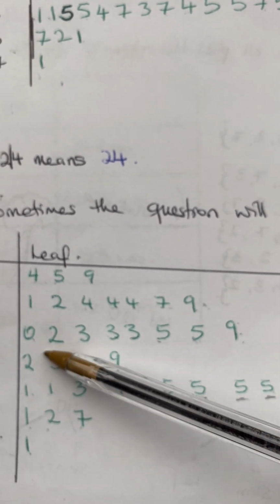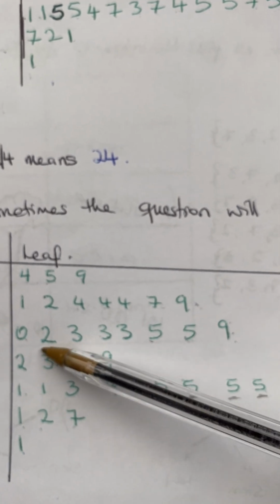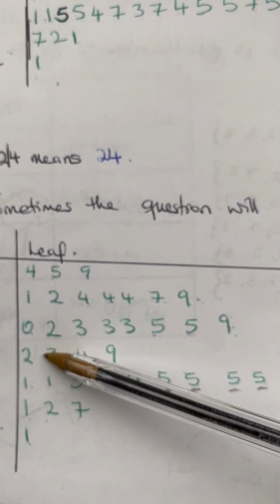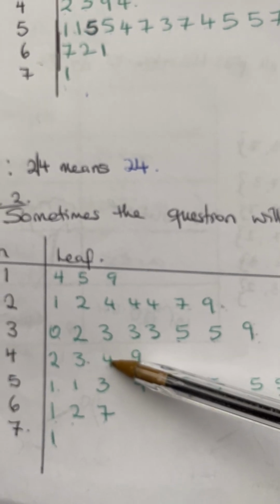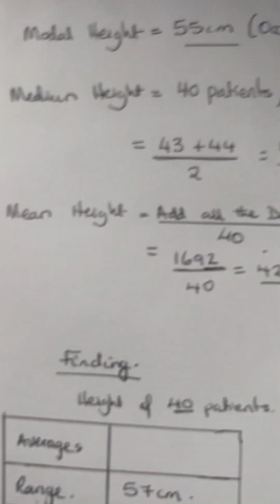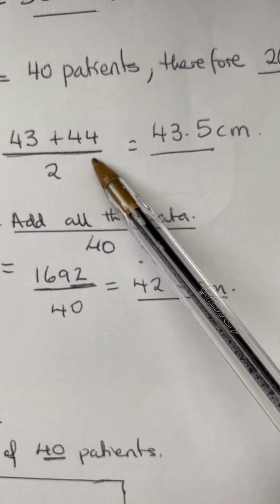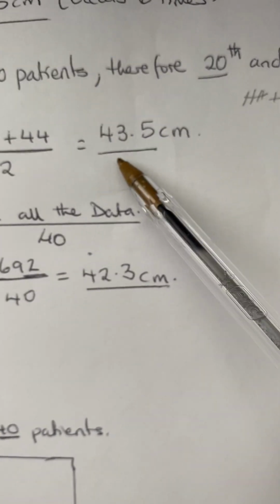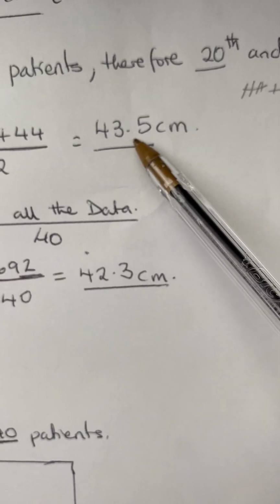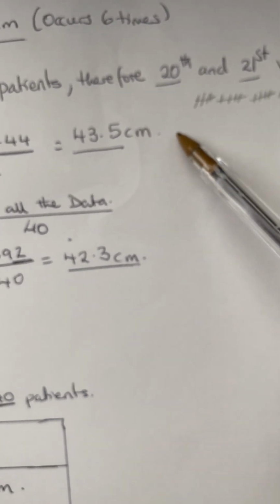So this 20th falls on 43 and 21st on 44. So 43 add 44 divided by 2. So the median height is 43.5 centimeters.